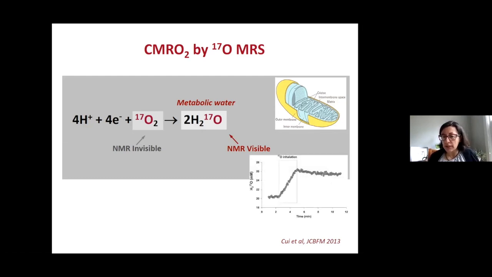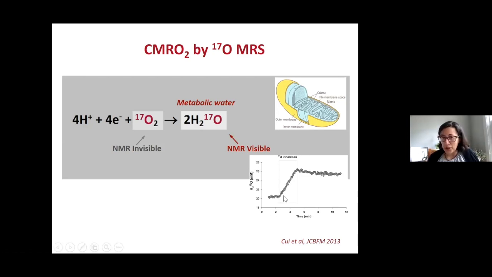And this is what the data look like. These are dynamic experiments. This is the baseline. There is very little O17 natural abundance in water. So this is what you're seeing at baseline, and then the animal, in this case a mouse, inhales oxygen 17 over 2 minutes.